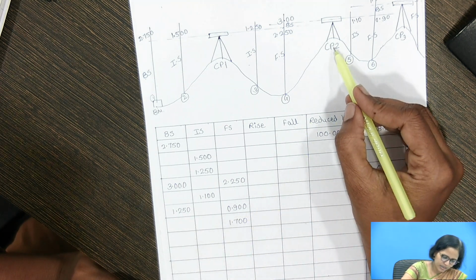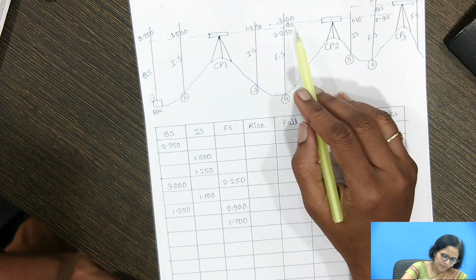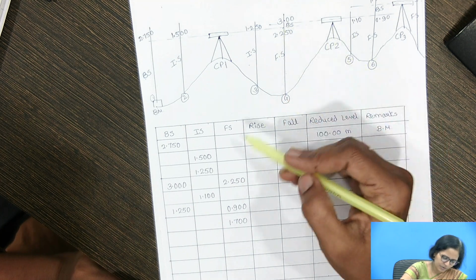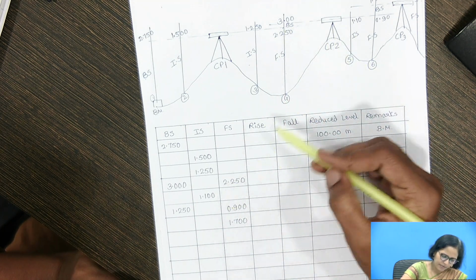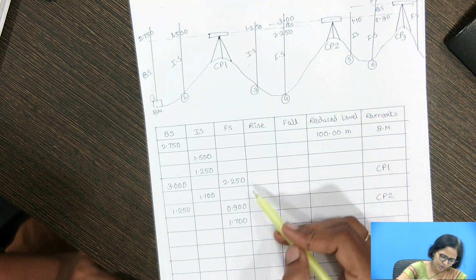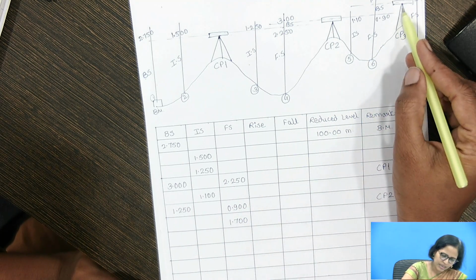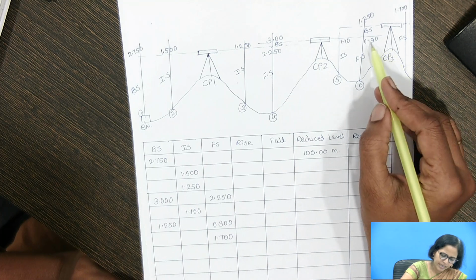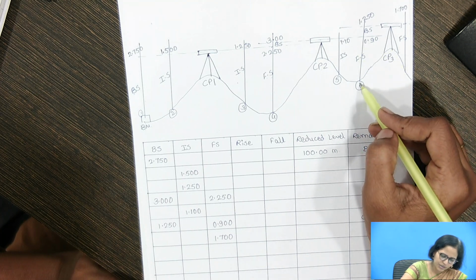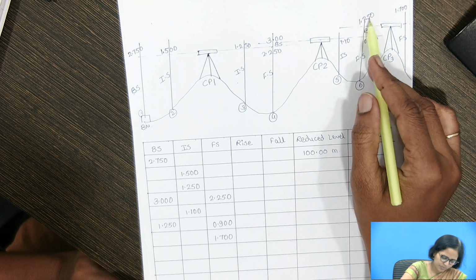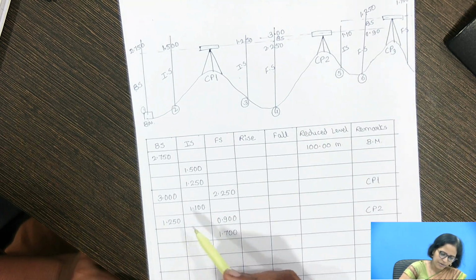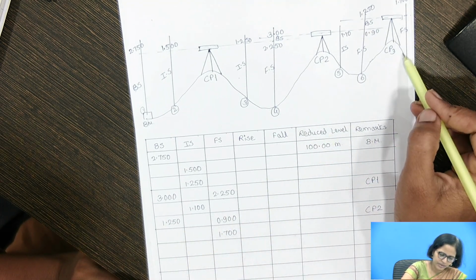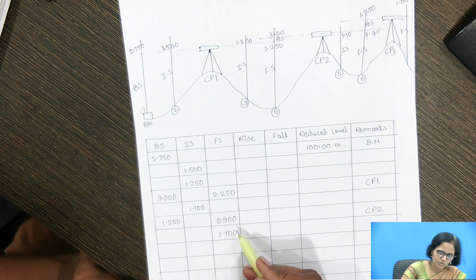So when the instrument is taken to the CP2, you have taken the BS and IS 1.10, and then after that you have a FS which is 0.90. So instrument has been changed over here. From that you have bisected the staff which is kept at the sixth point, that is 1.250, and then finally ended the work over here which is 1.700.